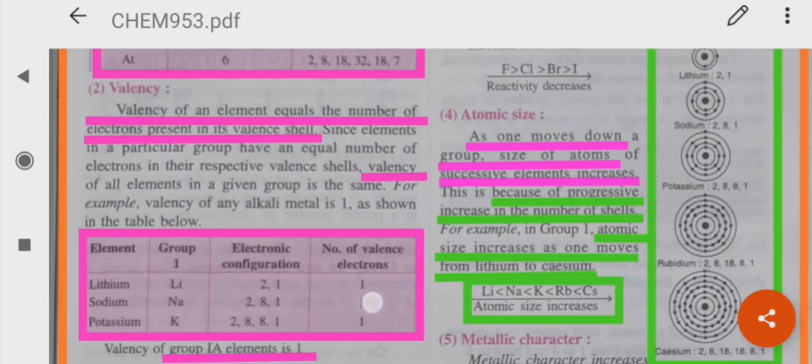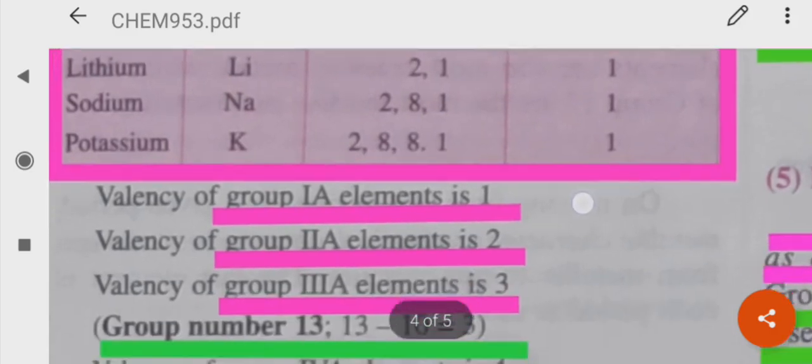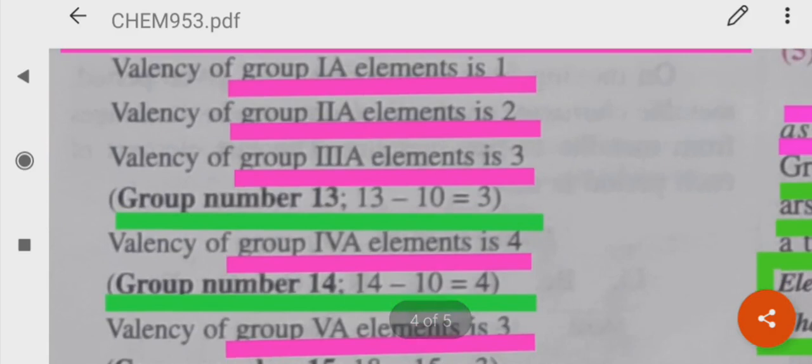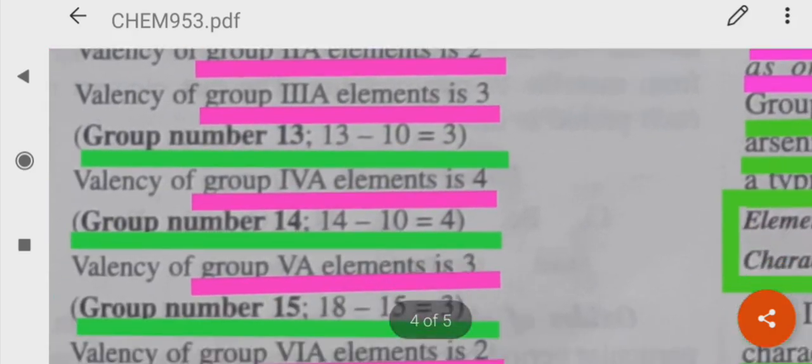For example, the valency of all the alkali metals is 1, because they have one valence electron. So, the valency of group 3 elements is 3, because they have 3 valence electrons. Group 4, it is 4, because they have 4 valence electrons.